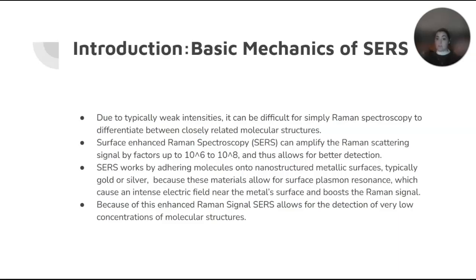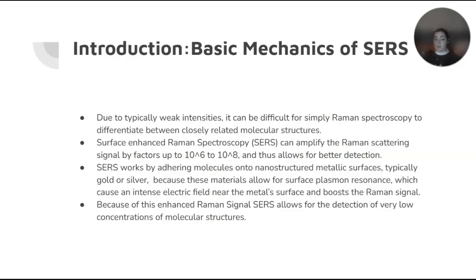Surface-enhanced Raman spectroscopy amplifies this Raman scattering signal by very large factors, making it easier to detect. And it works by adhering molecules to nanostructured metallic surfaces, typically gold or silver.